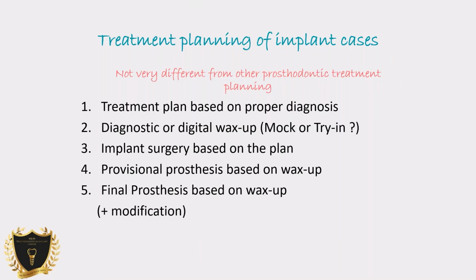Once we collect that data, we share it with our lab, or if you're doing it yourself, you put it in the computer, merge the data, and then do the diagnostics. Whether you're looking at the space or diagnostic wax-ups, from there you plan your surgery based on that plan.